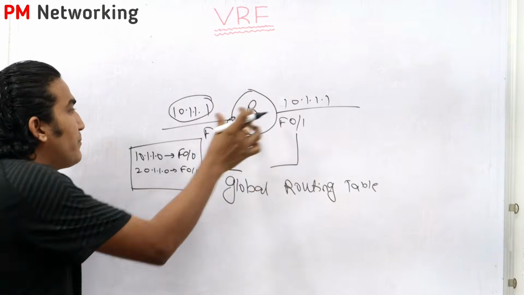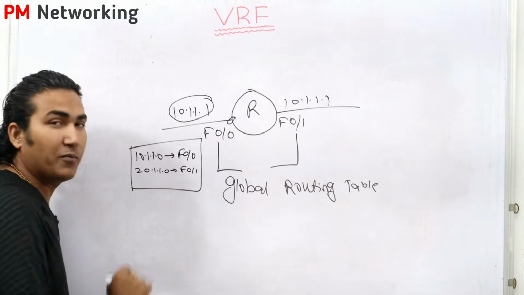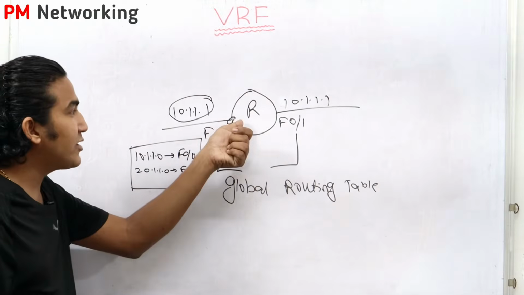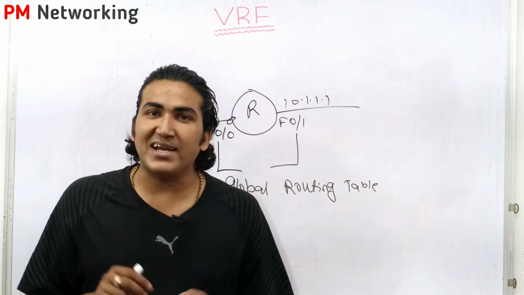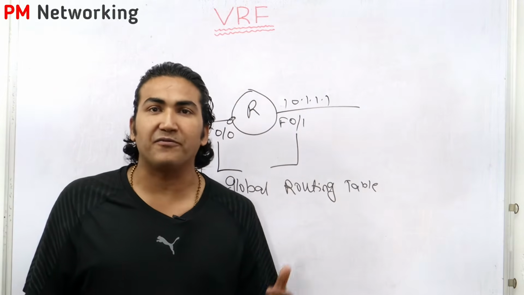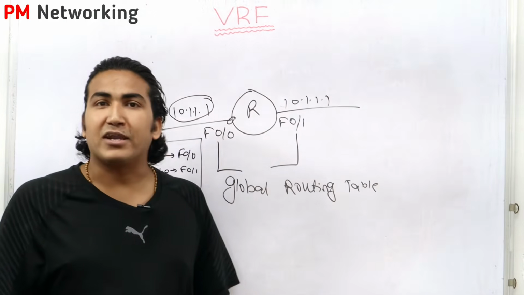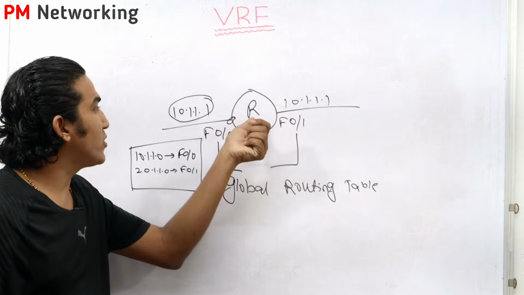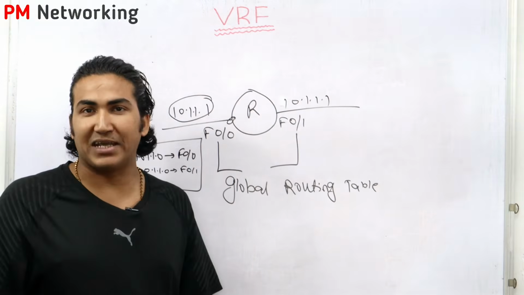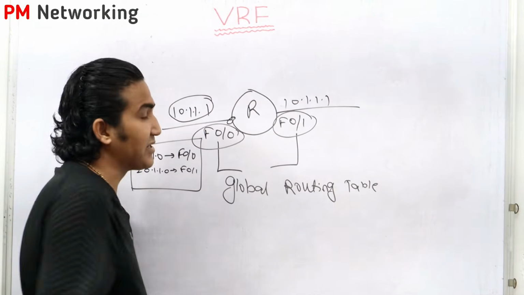Then the router cannot put two networks from multiple interfaces in the global routing table. So what does the router need to maintain? Two different routing tables this time. So exactly, what is VRF? VRF is used to break the routing table of the router. Like here, the router should maintain two different routing tables, one for this interface and one for this interface.